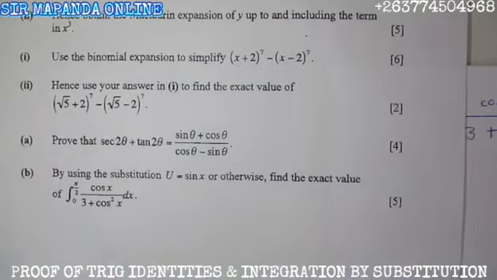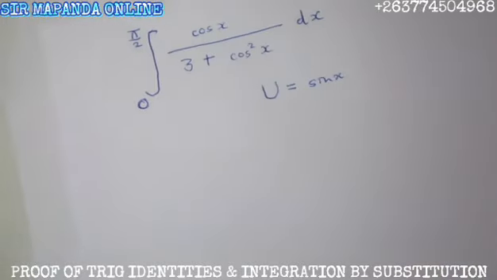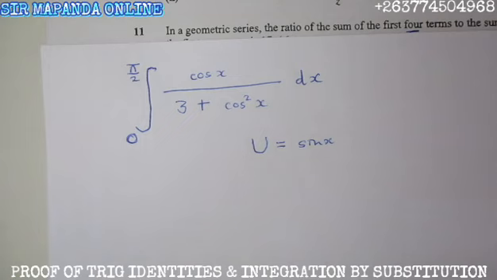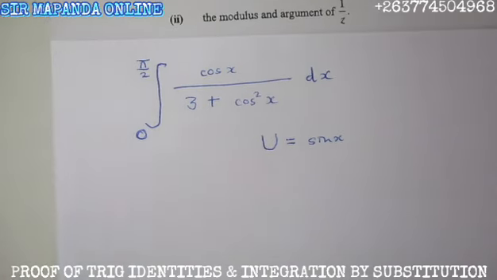Right, so the first thing to do when carrying out integration by substitution is to make dx the subject of the formula. This can be achieved by differentiating the given substitution u is equal to sine x.